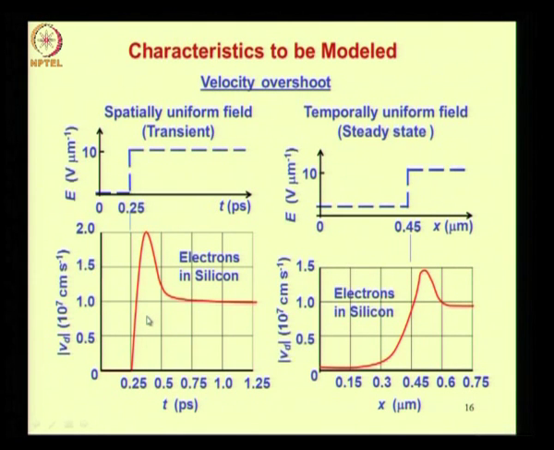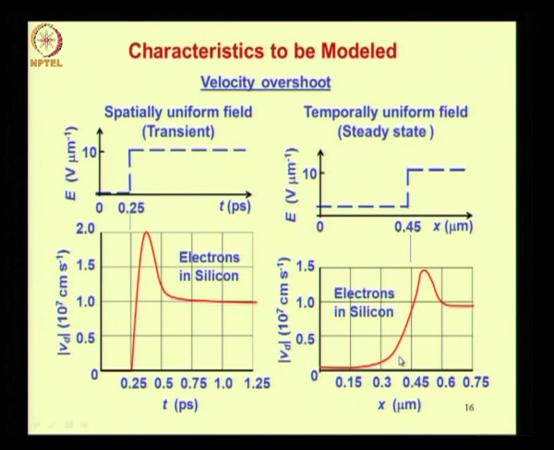the electric field at some instant of time is that while in the spatially uniform field case or transient situation the velocity started increasing after the electric field change in time. The spatial velocity overshoot here seems to indicate that before the field step occurs the velocity starts increasing.